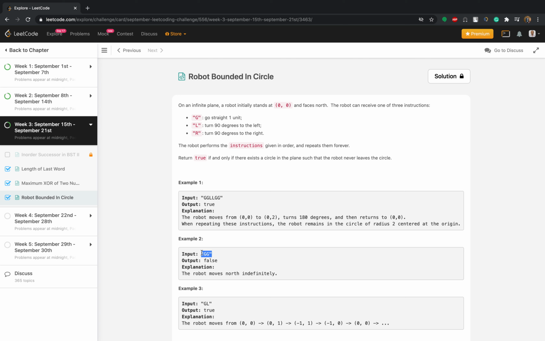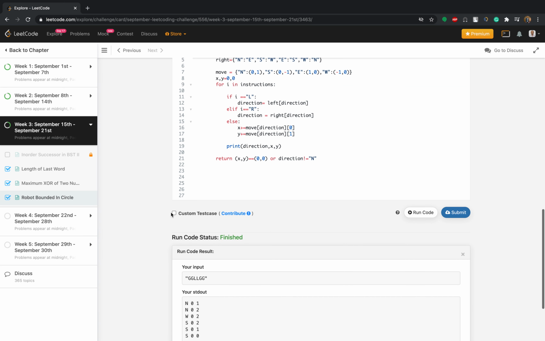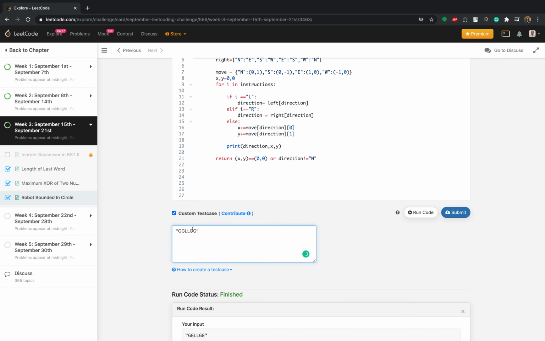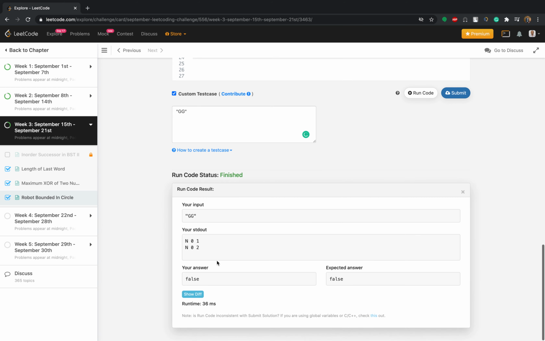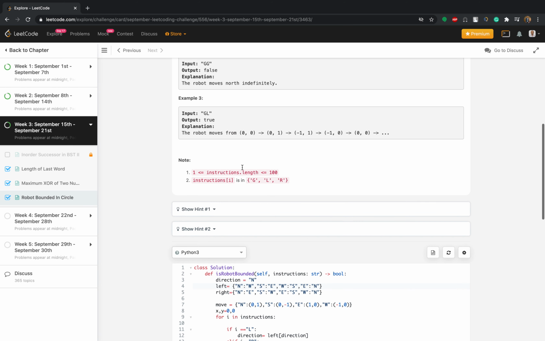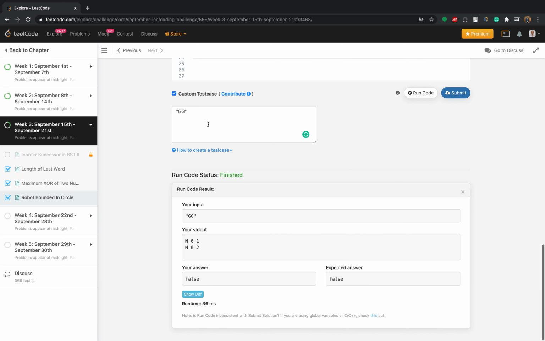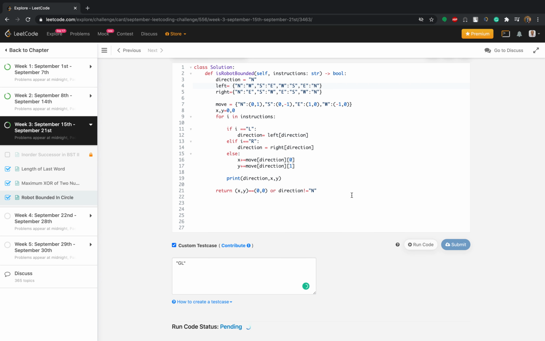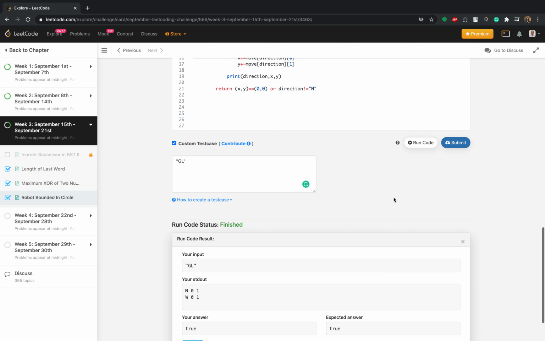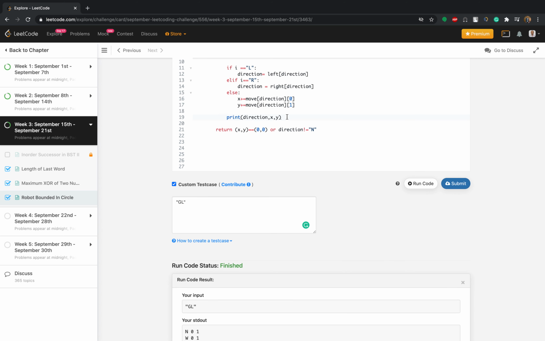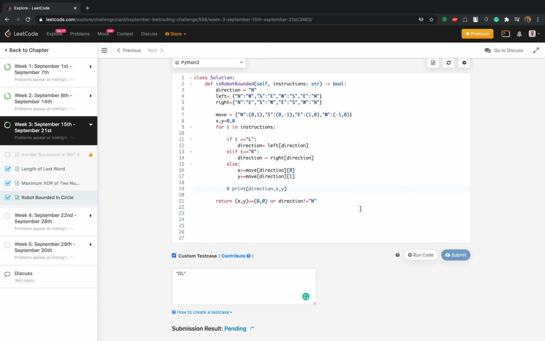So let's check this scenario as well. So straightforward should be false, yes, and this will be verifying that if it has moved from north, it should move to west. Yes, so let's uncomment it and submit.